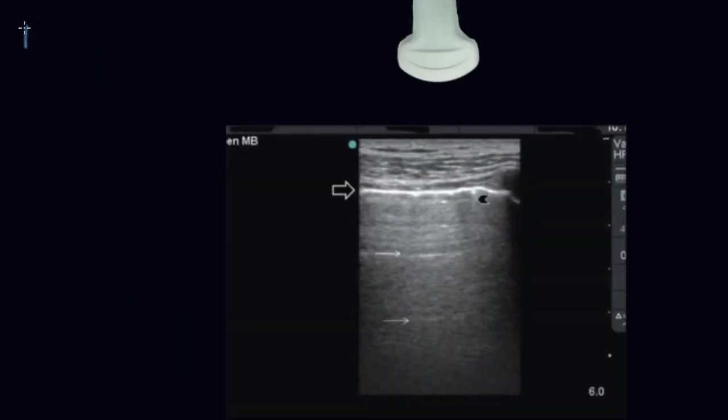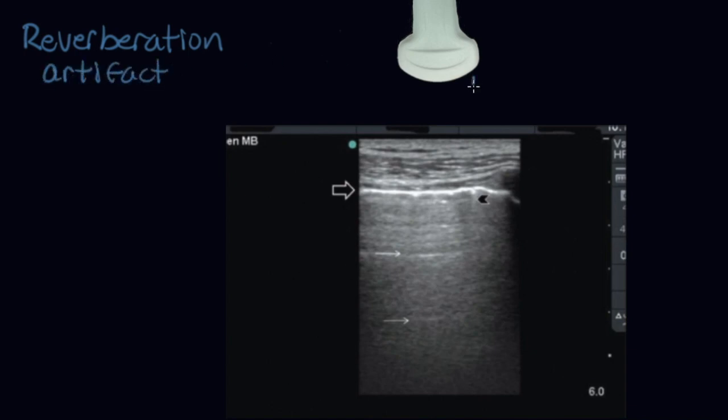We see reverberation artifacts at a highly reflective surface, like the aerated lung. The initial ultrasound wave generated by the transducer hits the highly reflective surface of the aerated lung and generates the hyperechoic line of the pleural surface.